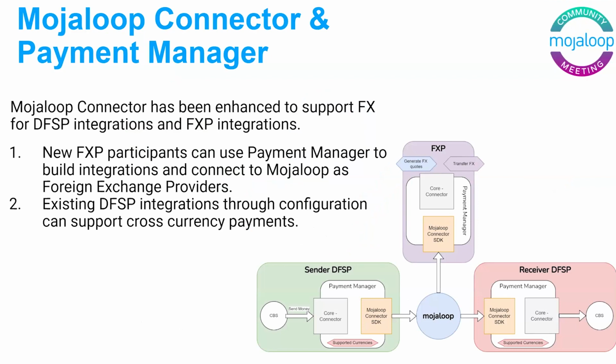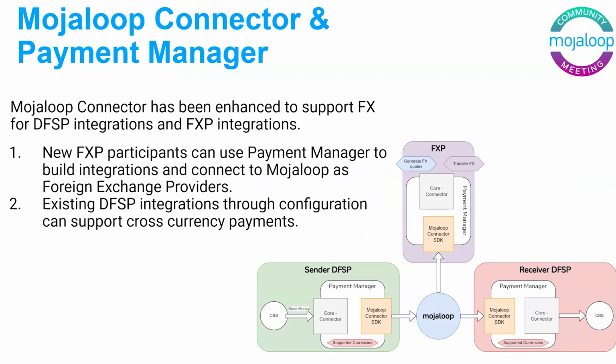Another part of the workstream effort we've done is we've extended the participation support tools. And this includes connection manager and payment manager. And we've done that for all 3 parties in this transaction. So we're talking about the sender DFSP, who is now initiating that forex transfer.